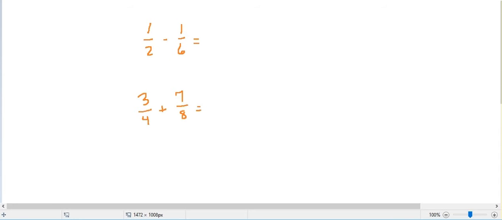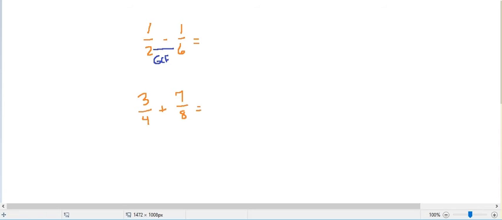What do we need to do before we can put these together, combine them, either add or subtract? Before I can take a sixth away from a half, I want to count the halves and the sixths with the same denominator. We find that by asking what's the GCF? The greatest common factor.